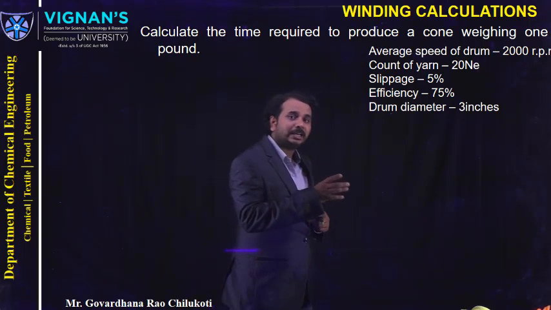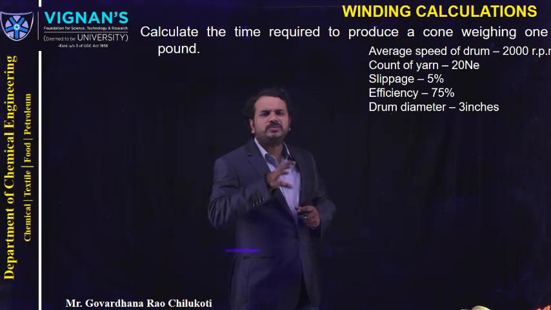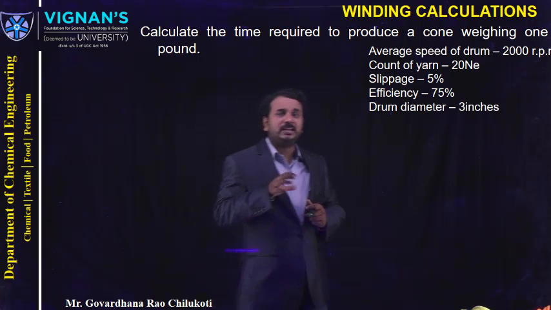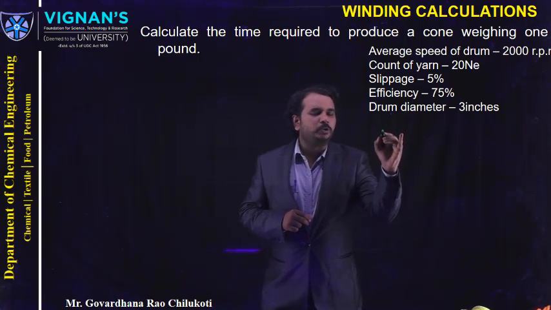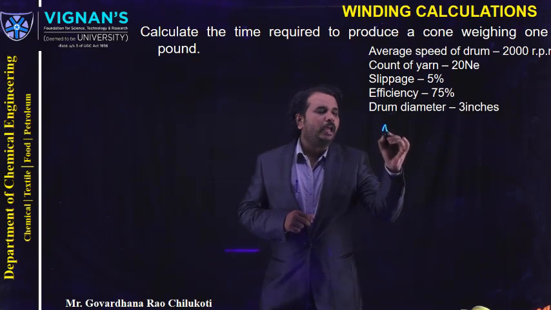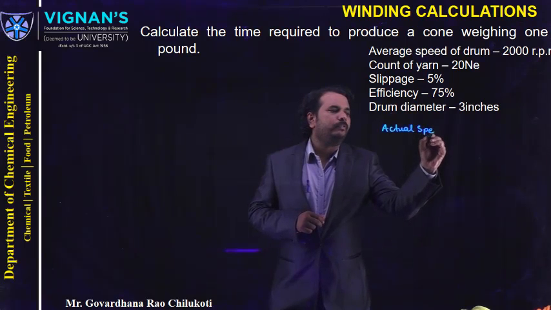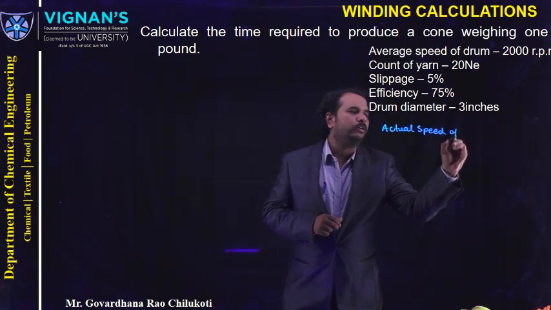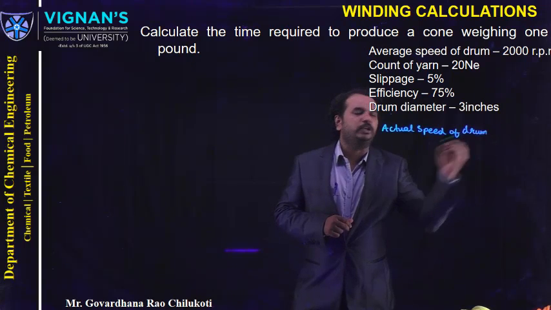Now it is considered that there is 5% slippage between the package and the drum. So we need to calculate the actual speed of the drum.